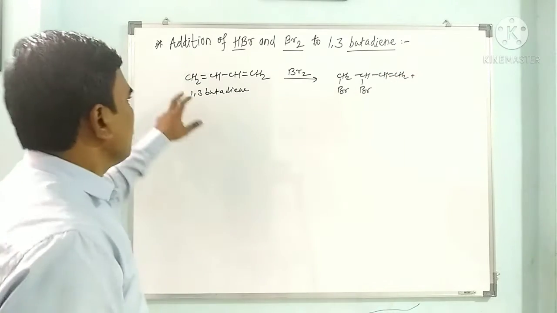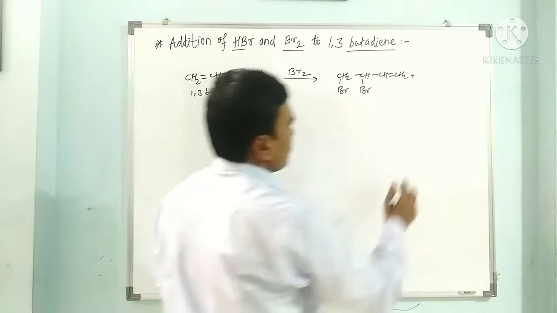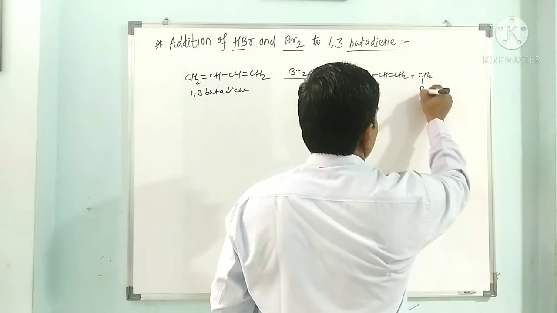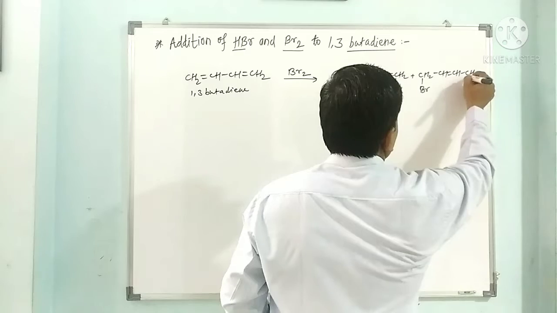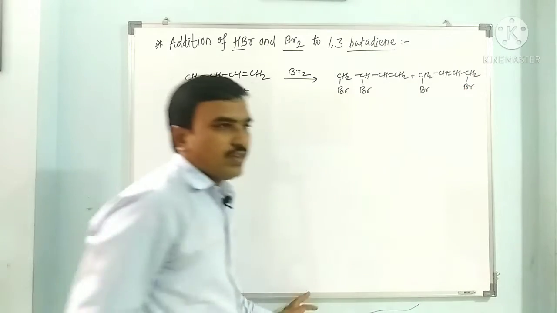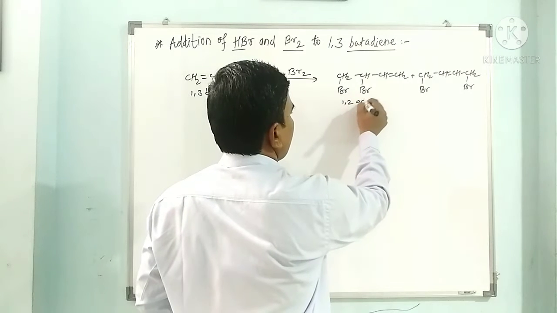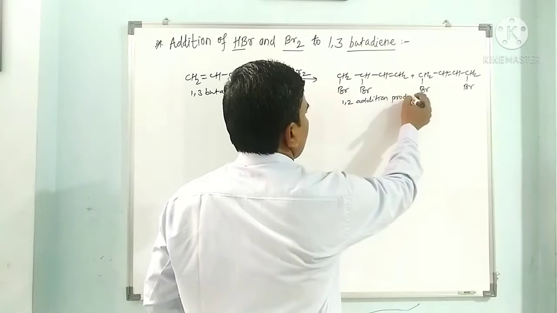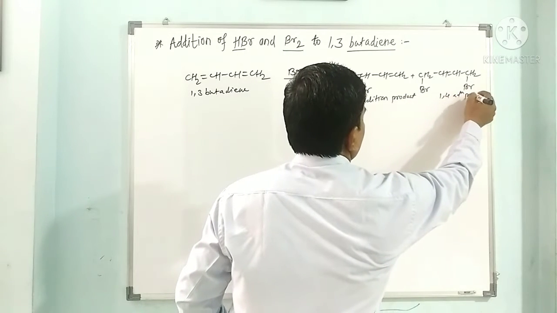Plus bromine is added to the 1,4 carbons and the double bond shifts between the middle carbons. So CH2Br, CH double bond CH, CH2Br. Here the bromine added across the 1,2 carbons is called the 1,2 addition product, while the other is called the 1,4 addition product.